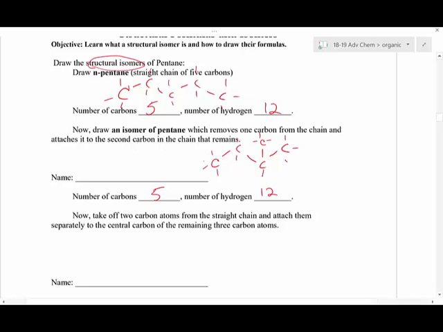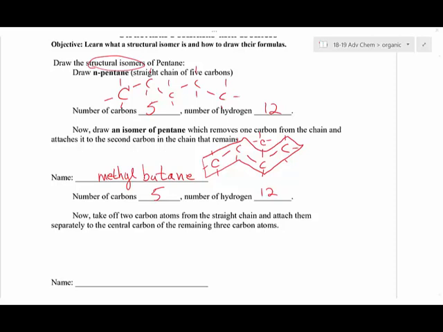To name this, we look for the longest straight chain, which happens to be 4 carbons long, and that is called butane. Now, there is an attachment of a single carbon, and that makes it a meth with a YL ending, methylbutane. Now we want to specify which carbon that attachment is on.